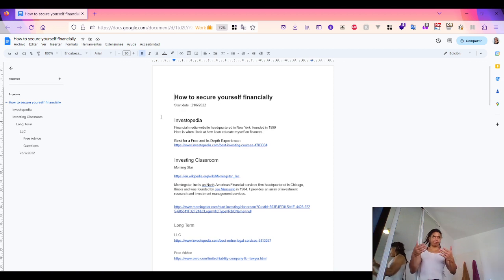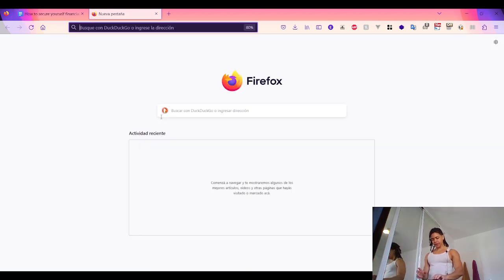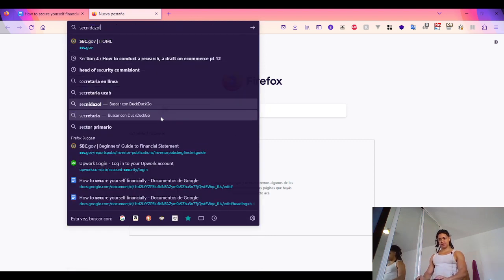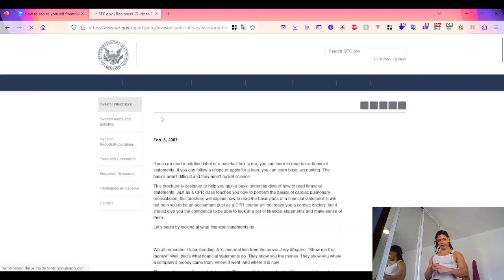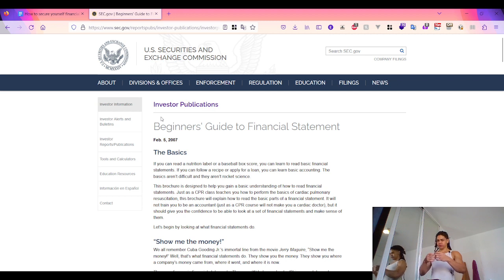So right now what I'm looking at is the beginner's guide to financial statements. After all, the SEC mentioned that if you're able to read nutritional labels or a soccer box score or baseball box score, you can learn to read the basic financial statement.